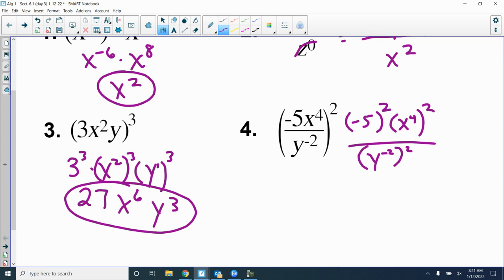That's the way you got to look at it right there. Everything gets squared. Alex, help me out. What's negative 5 squared? Closer. What's negative times negative? Yeah, it's 25. It's positive. Yep. Okay, what about the x term?